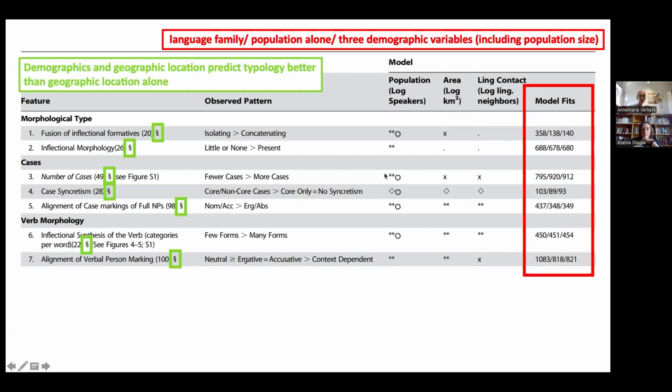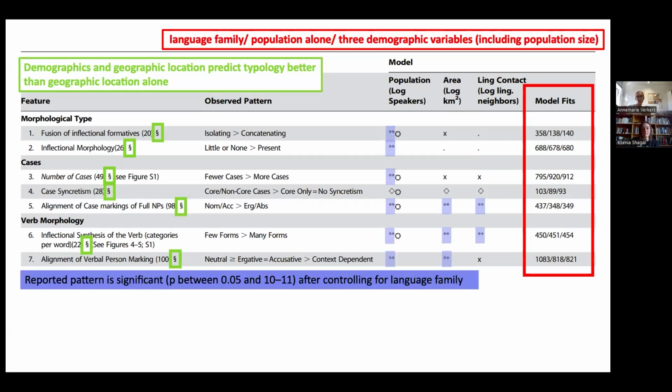So I'll just help you out here. For most of these, it's true that demographics and geographic location predict the typology better than geographic location alone. So there seems to be an effect of society type, in terms of population size, that explains something about morphosyntax here.